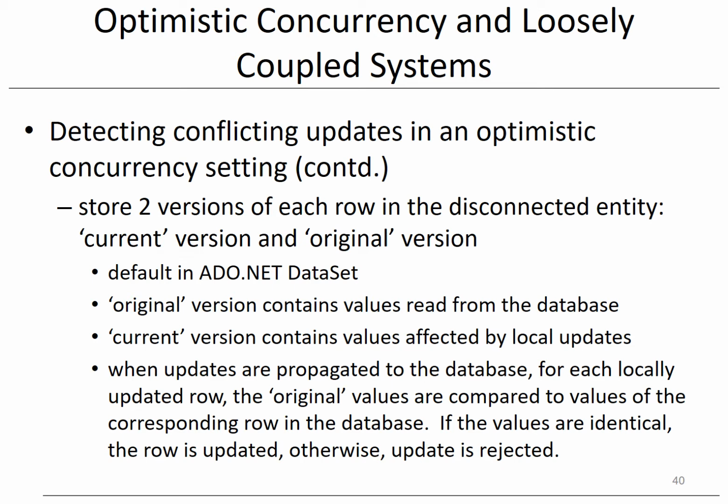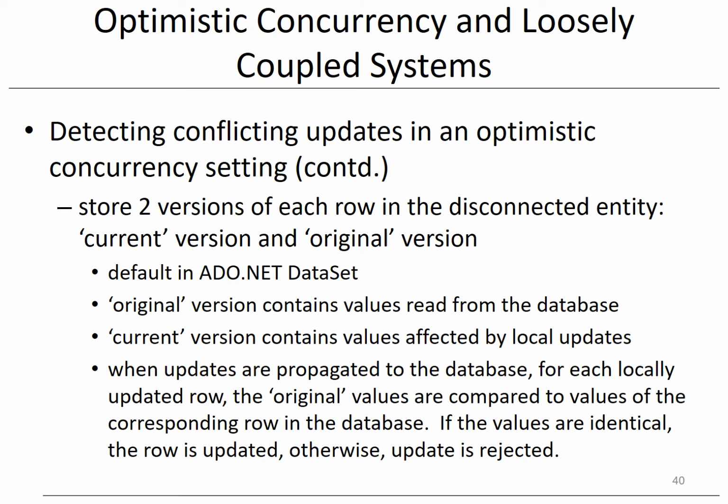A second possibility, which is the default technique in an ADO.NET dataset, is to store two versions of each row in the disconnected entity, a current version and an original version. The original version contains the values as they were read from the database. The current version contains the values as they were possibly affected by local updates in the dataset which are not yet propagated to the database.